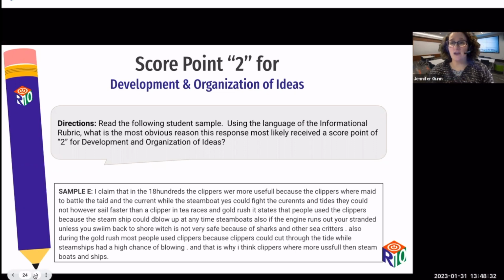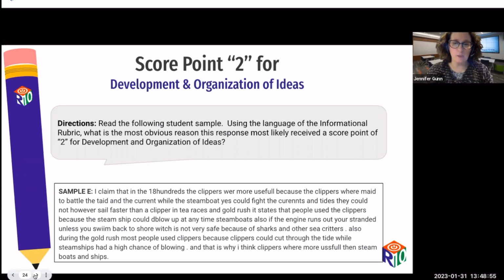So the student sample for a 2 reads, "I claim that in the 1800s, the clippers were more useful because the clippers were made to battle the tide and the current, while the steamboat, yes, could fight the currents and tides. They could not, however, sail faster than a clipper in tea races and gold rush.